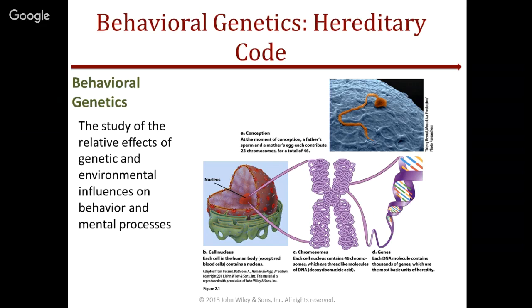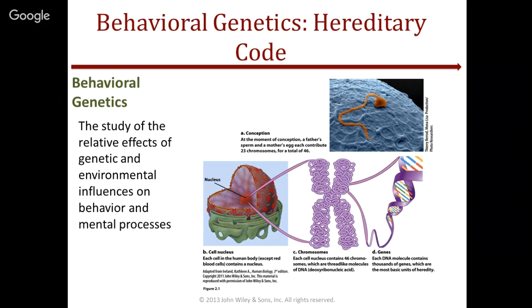So for your exam, I would like for you to focus on being able to define behavioral genetics. When we're looking at behavioral genetics, we're studying how our genetic makeup and our environmental foundations influence the way that we behave and the way that we think, the way that we process information.